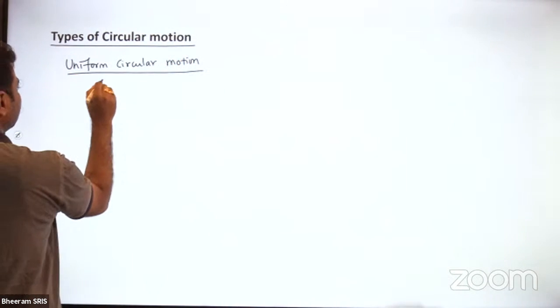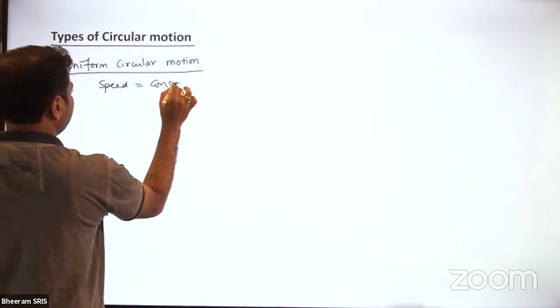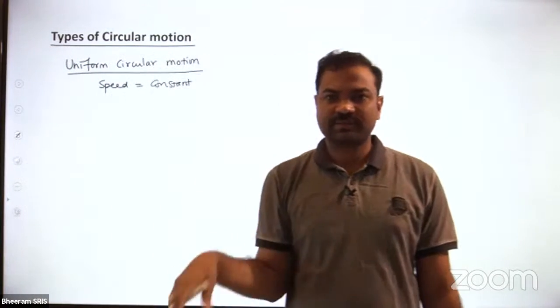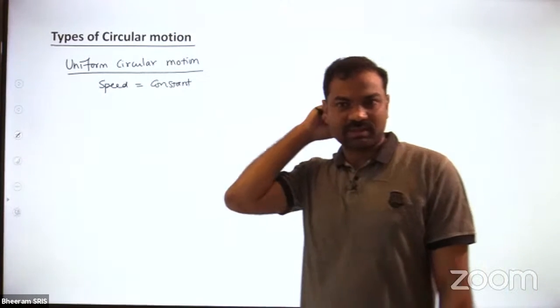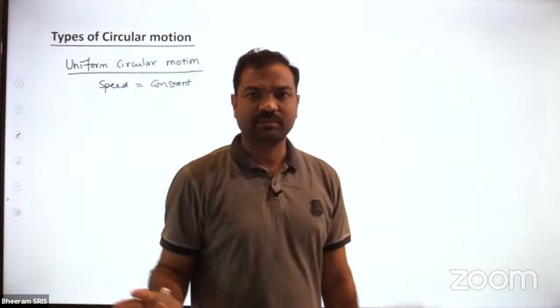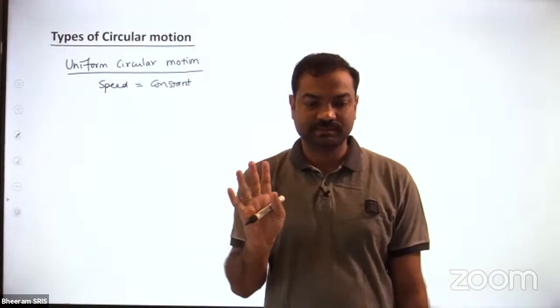Uniform circular motion means the speed of the particle, tangential speed, obviously. The direction of velocity will always be along the tangent. In circular motion, the velocity should be along the tangential direction, no other alternative. And centripetal force should always be there towards the center.